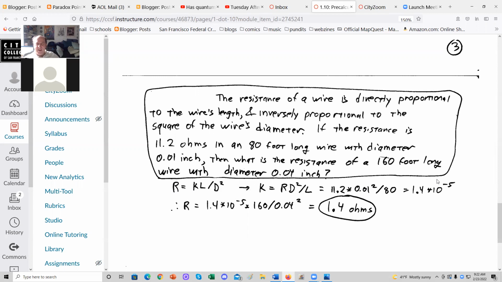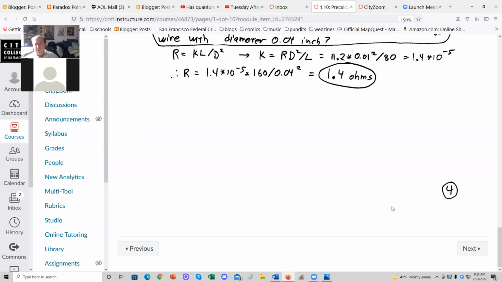The units would be something, I guess, ohms per foot inch or something, never mind. So K is 1.4 times 10 to the negative fifth here. Now 160 feet long here. Diameter D, 0.04, square that here. And the result is 1.4 ohms. Okay, it's good.